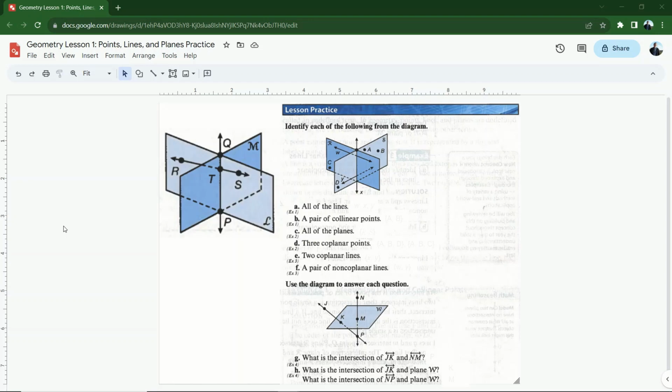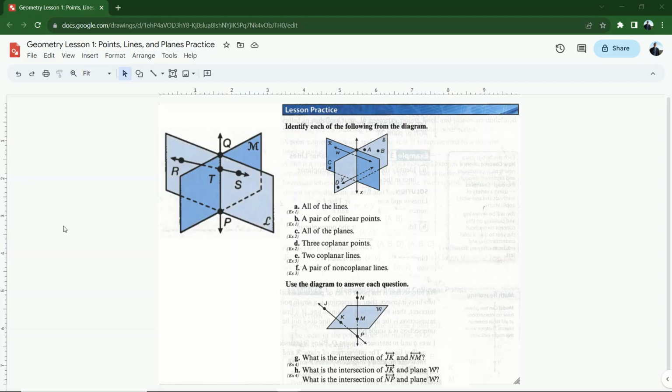In fact, if I just took L or M and rotated it around the line QTP, I could orient an infinite number of planes, rotate around that line, that cut through Q, T, and P. That's the problem with collinear points, is that you can't determine a single plane. There's an infinite number of planes that pass through those 3 points. Now, not all planes will, but there is an infinite number of planes that will.